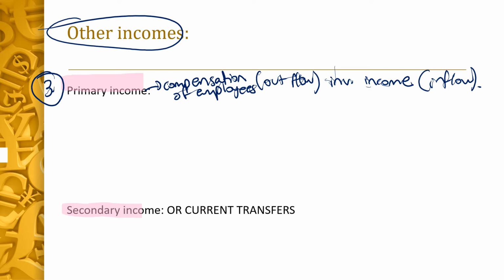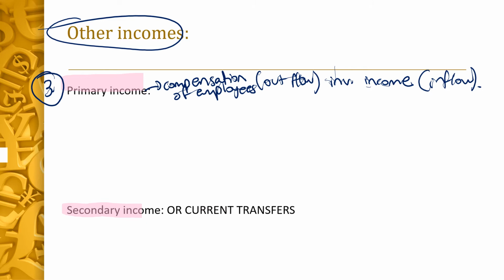Remember, outflow income is known to be debit because it is paid out to residents of other countries, and inflow income is also known to be credit because it is received from or earned overseas by residents. Okay, so as a summary, what's included in the primary income?